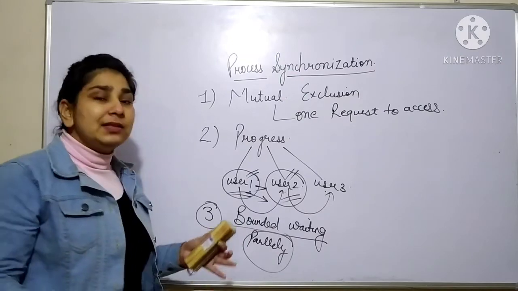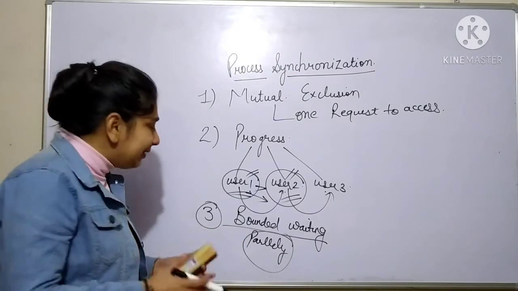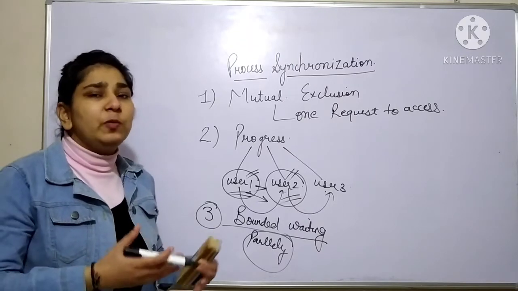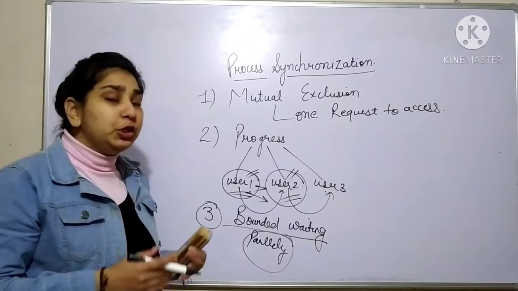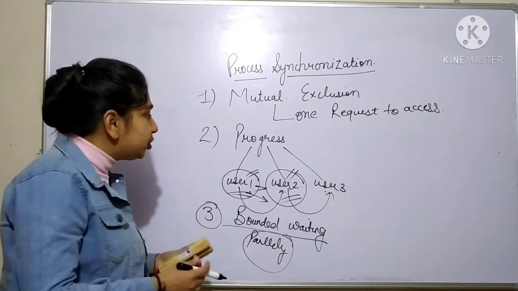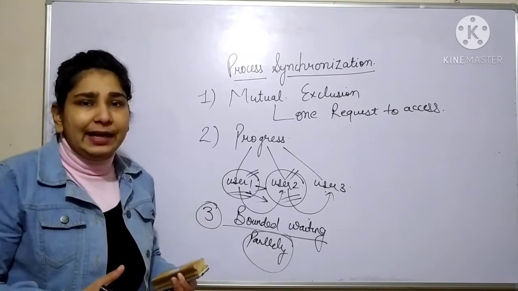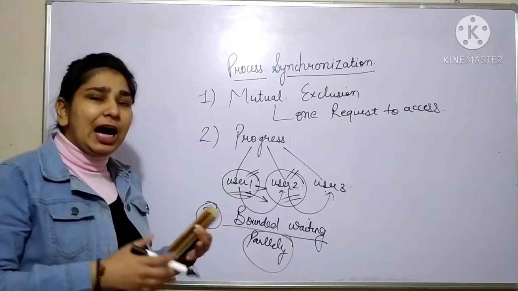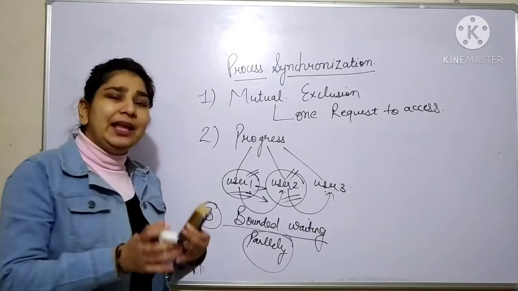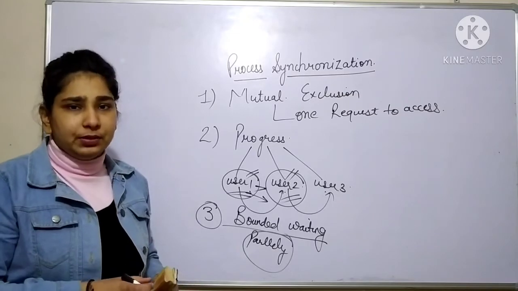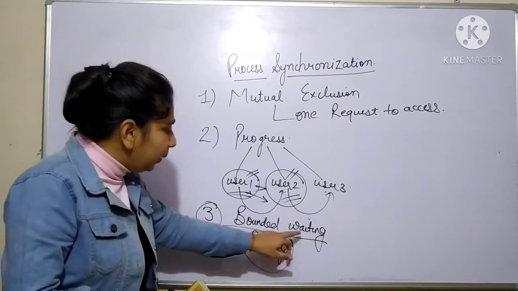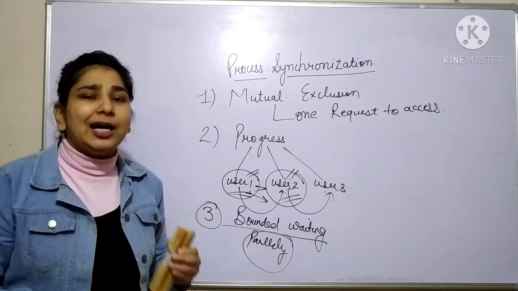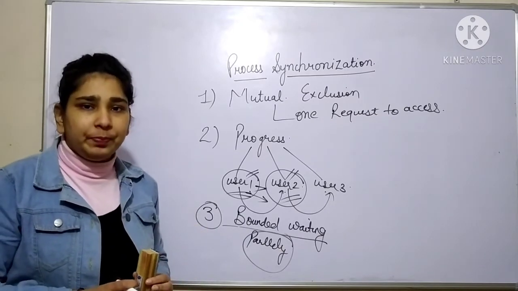There should be some bound, so that after this much time your request will be processed and you will be given a chance to execute. Bounded waiting means each and every process should be given a chance of execution.